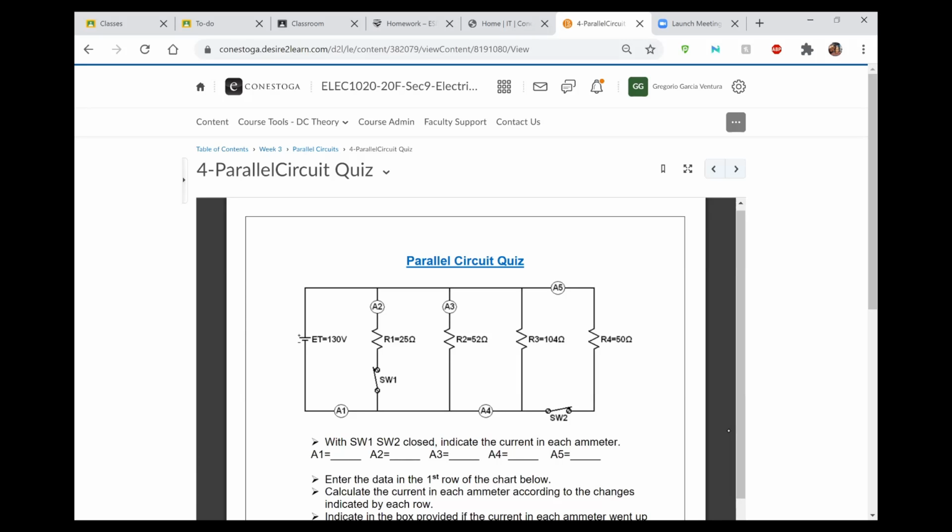This is when you know that you really understand. When you can solve this problem, this is when you can tell that you understand the 3 rules about parallel circuits. Okay, so let's go through the 3 rules for parallel circuits first.